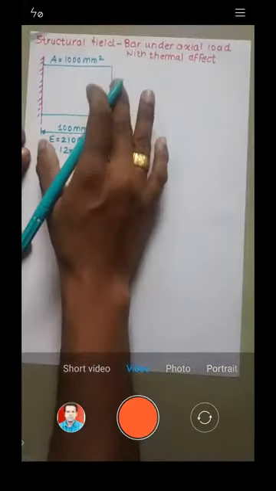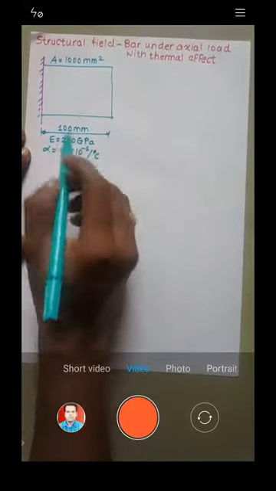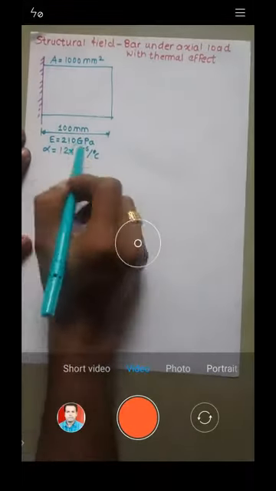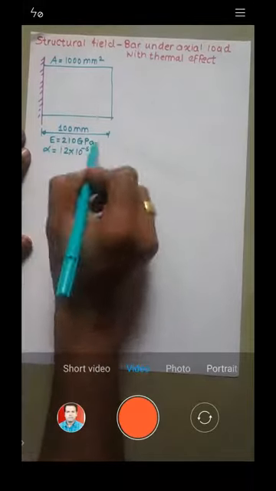So this is a stepped bar of cross section 1000 mm square, of length 100 mm, made up of a material with these properties.